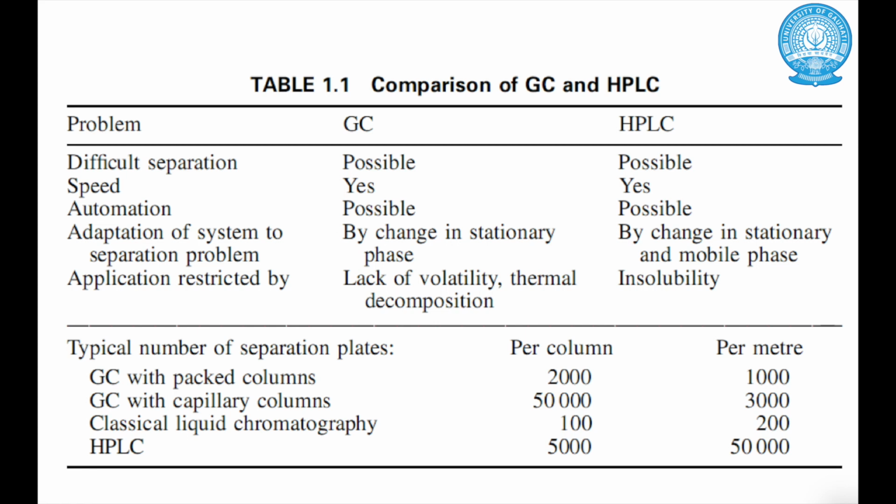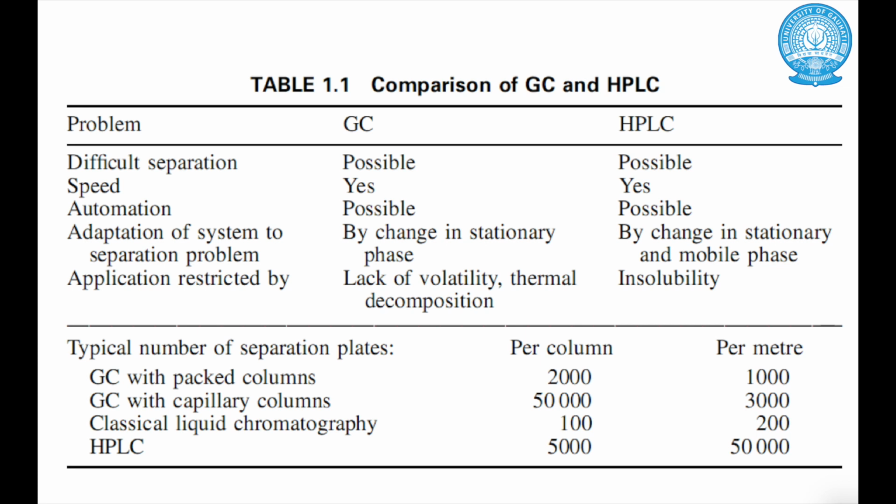The compounds detected by HPLC will be limited only by their insolubility, whereas in the case of gas chromatography the lack of volatility and the thermal decomposability will restrict its application in terms of separating or identification of the compounds.